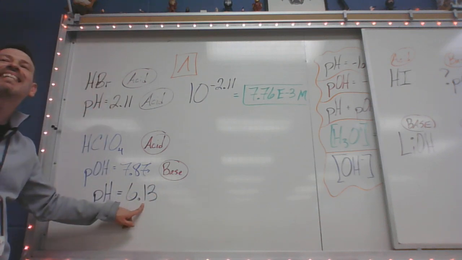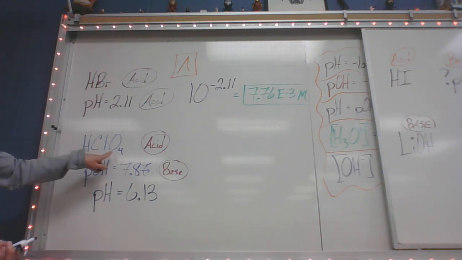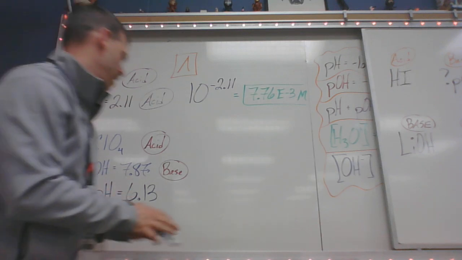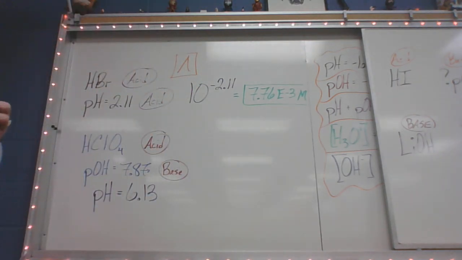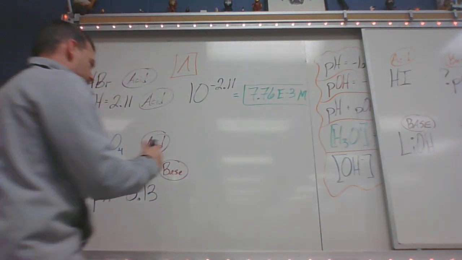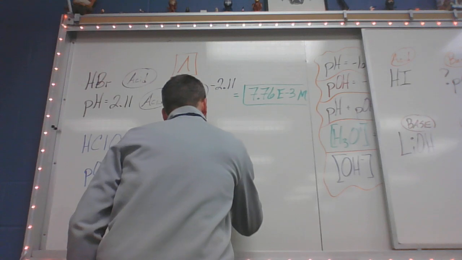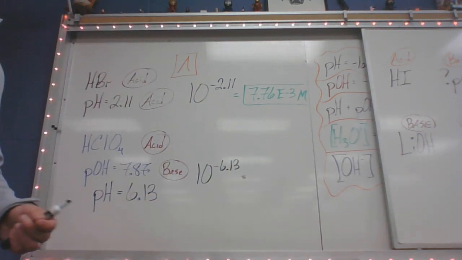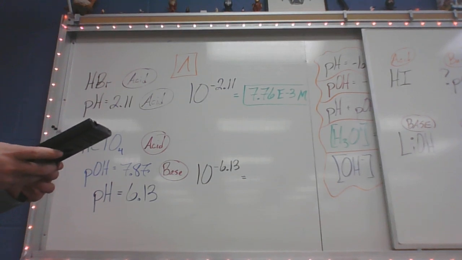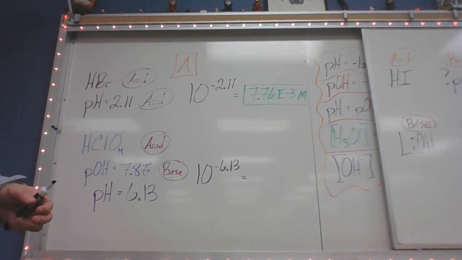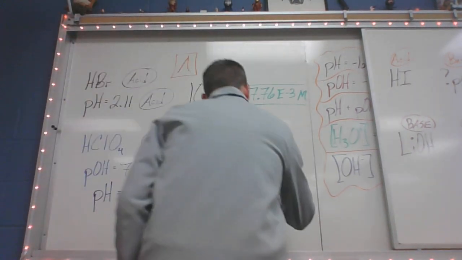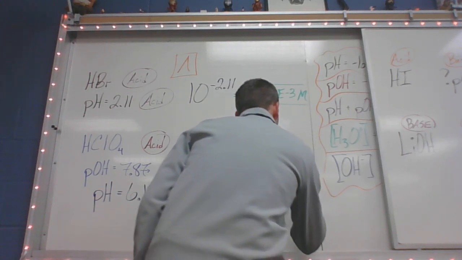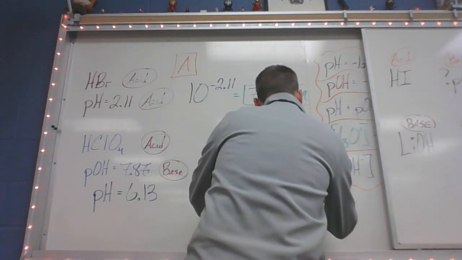Now I have an acidic number to talk to my acidic compound, and we can finish with 10 to the negative 6.13. Negative 7.